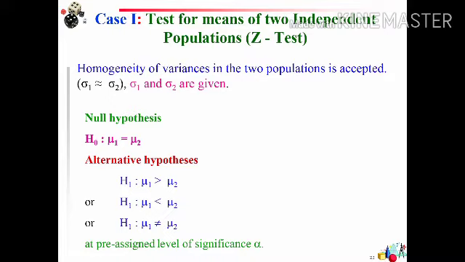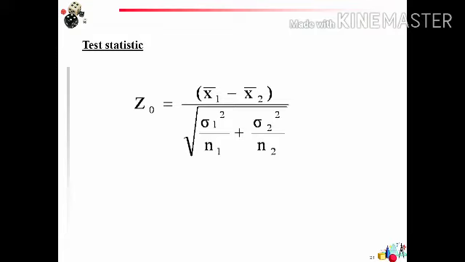The alternative hypothesis H1 is that mu1 greater than mu2, or mu1 less than mu2, or mu1 not equal to mu2, at a pre-assigned level of significance alpha. And here the test statistic is Z equal to x1 bar minus x2 bar divided by square root of sigma 1 squared by n1 plus sigma 2 squared by n2.